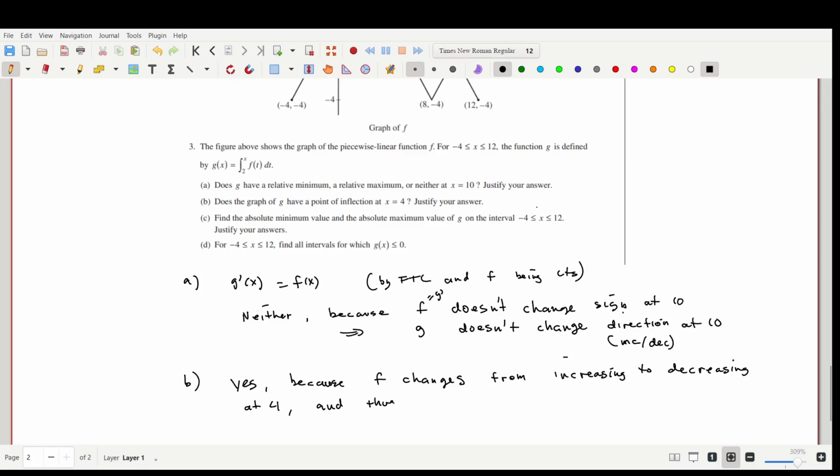And thus F prime changes from negative to positive. They're usually okay with just this first part, but I'll say this again: it changes from, say, positive to negative. And so G changes concavity at 4.